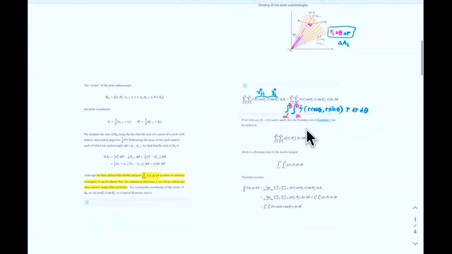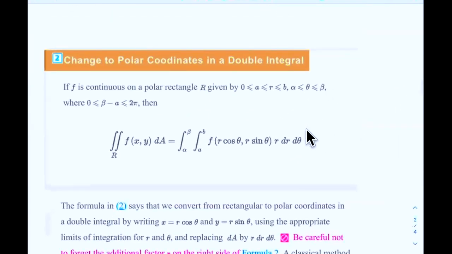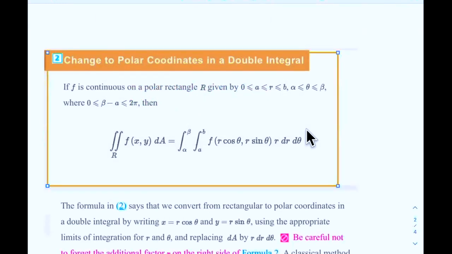Okay, now here's the formula. After all this, I think you just need to remember this. This is the formula for how you change to polar coordinates in a double integral.